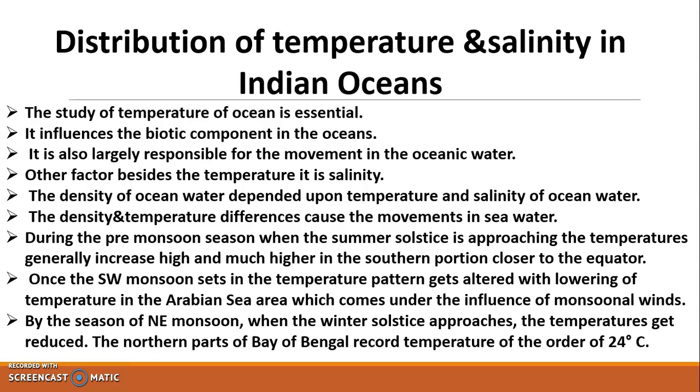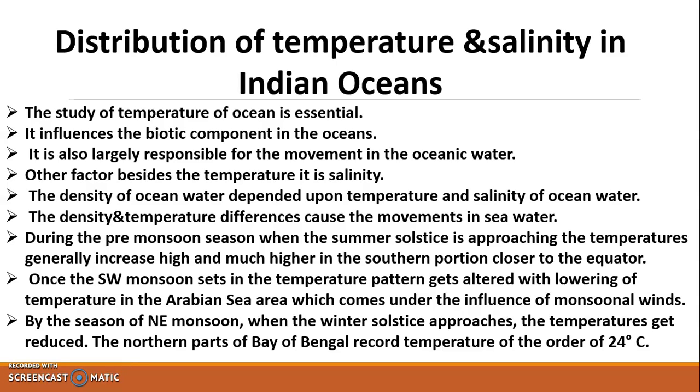During the pre-monsoon season, when the summer solstice is approaching, the temperature generally increases and is much higher in the southern portion and closer to the equator. Once the southwest monsoon sets in, the temperature pattern gets altered with the lowering of temperature in the Arabian Sea area, which comes under the influence of monsoonal winds.